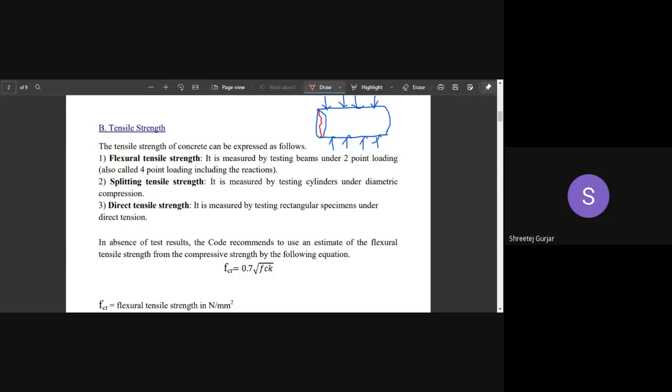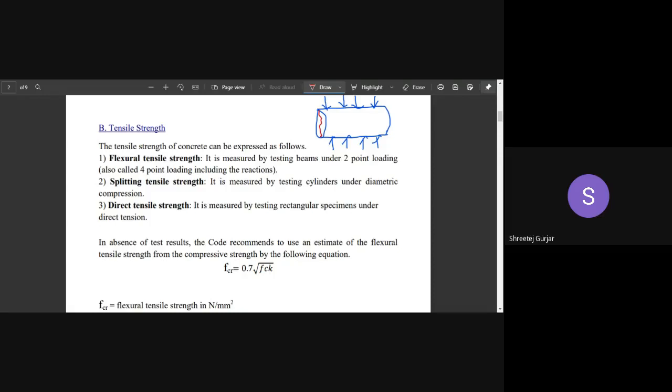The load corresponding to the splitting of your concrete member is your direct tensile strength. So these are the three methods by which you can determine the tensile strength of concrete.